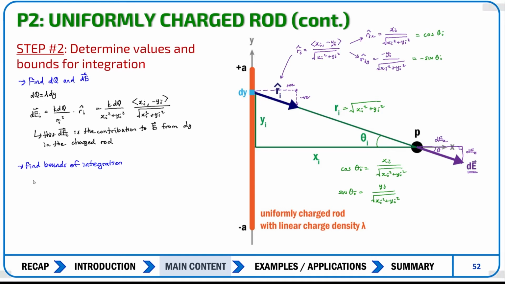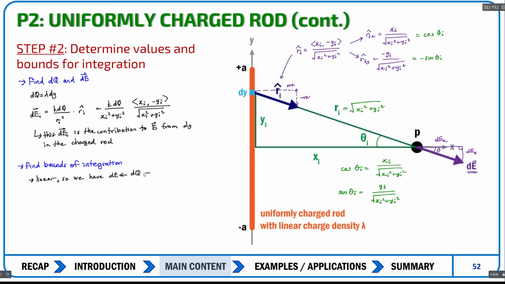So if we take a look at this, it's linear. So we have dE dependent upon dq, but we can't really integrate or find bounds for dq.